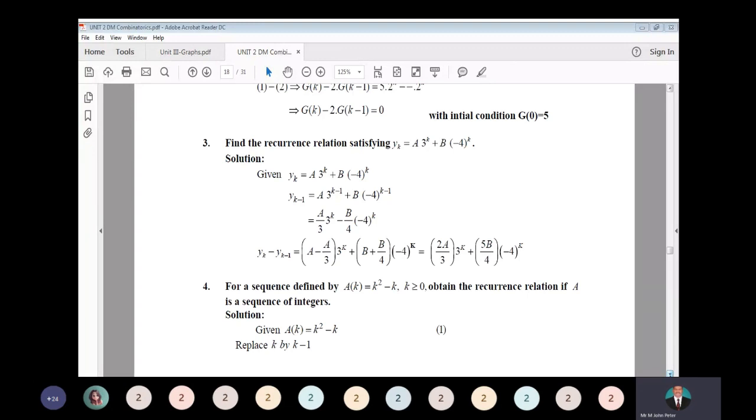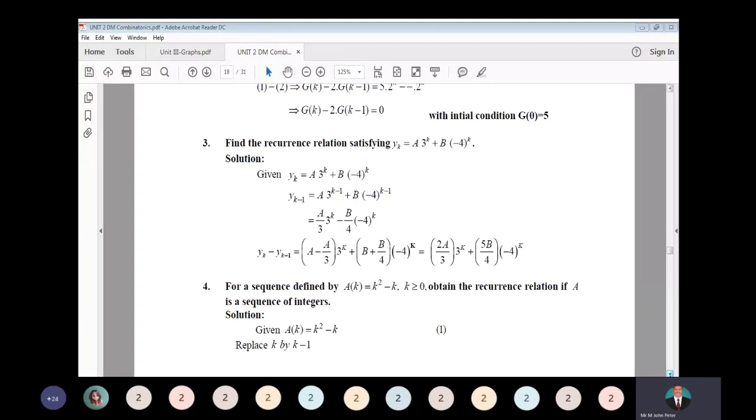You can write 3^(k-1) as 3^k by 3, and b by 4 times (-4)^k. The (-4)^(k-1) we can write as (-4)^k times (-4)^(-1). Bring that (-4)^(-1) to the denominator, and you will get minus b by 4 times (-4)^k.